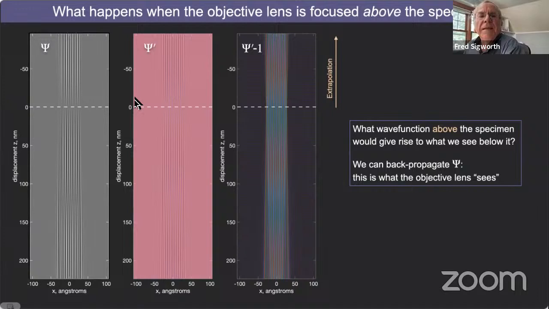Okay, so now you're not going to like this, but it turns out that everyone does under focus, which means that they're actually focusing the microscope above the specimen. So here's the level of our specimen. We've been talking about what happens below, but if we extrapolate the waves upward, we can mathematically say, well, if the specimen weren't there, but we were just looking at waves propagating in free space, what would the waves be up above?